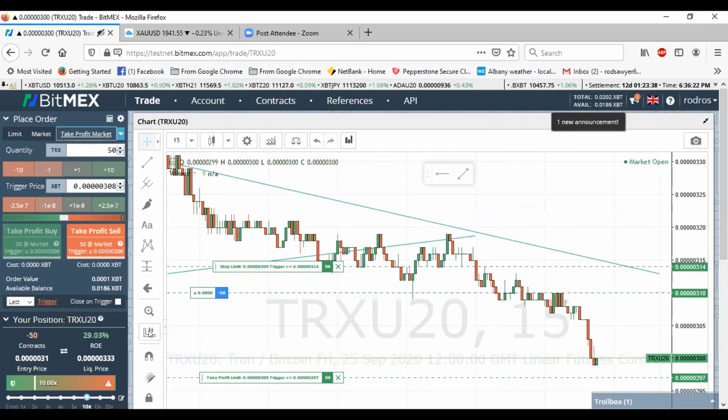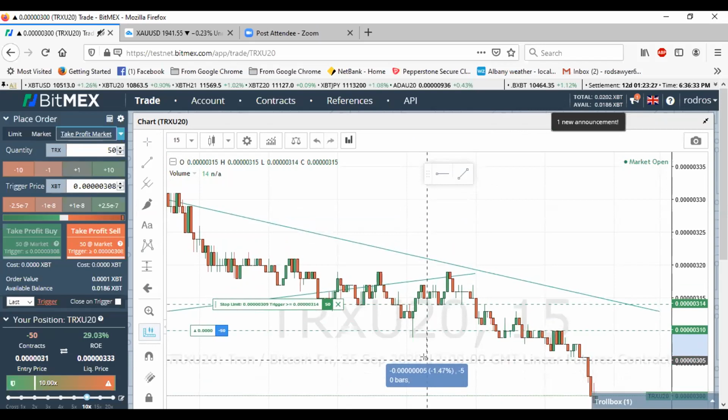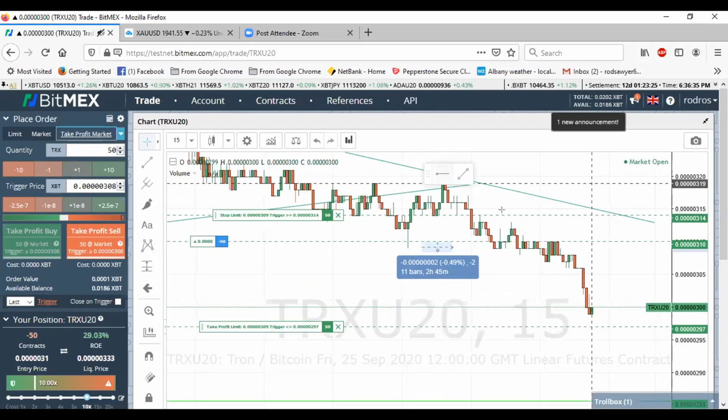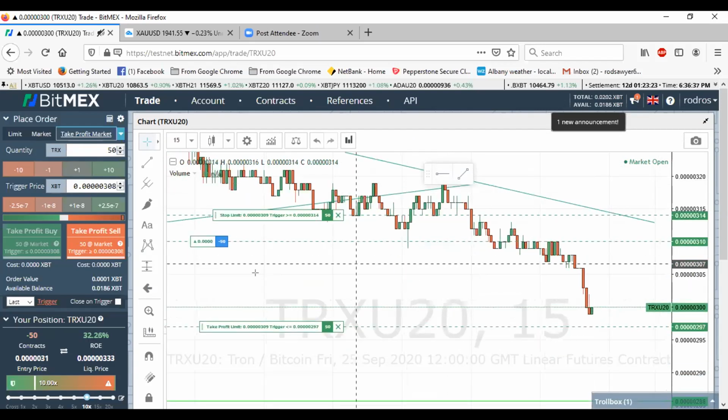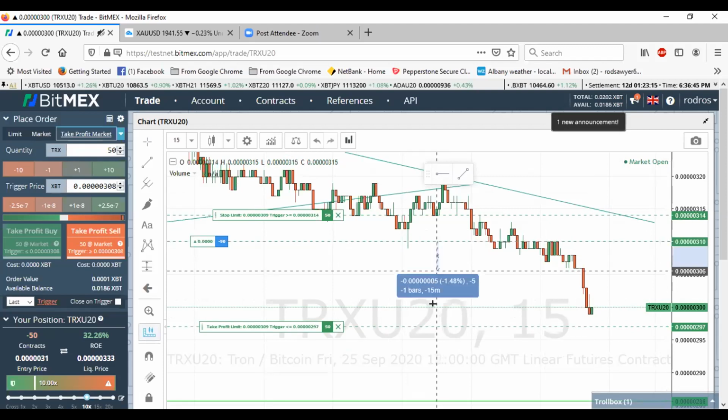So you can grab this little ruler here, and you can come over here to where your trade is. You can click where your trade opened, come down to where.